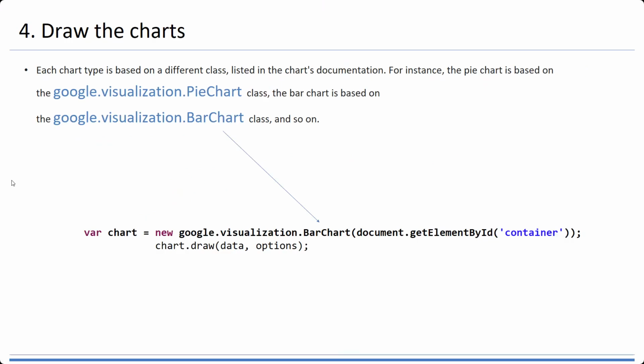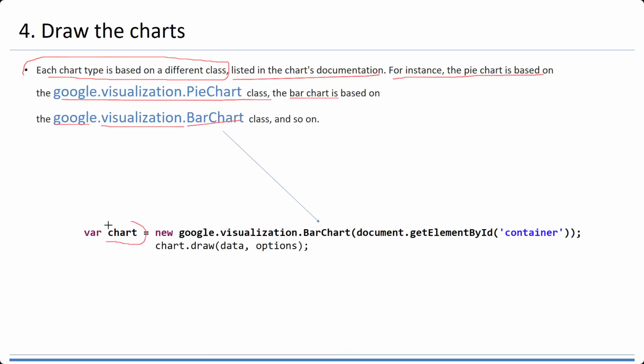And each chart type is based on a different class listed in the charts documentation. For example, if you want to generate a pie chart, then you will use google.visualization.PieChart. If you use the bar chart, then you will use google.visualization.BarChart.